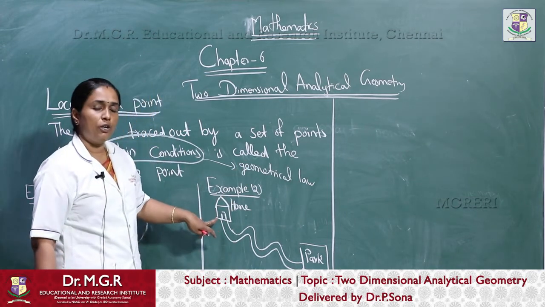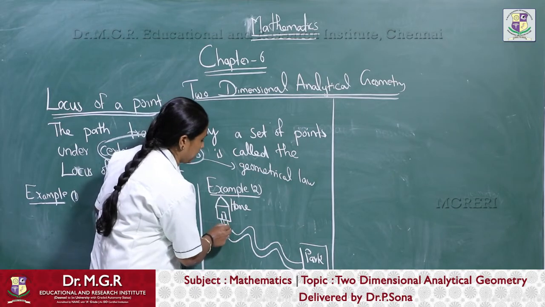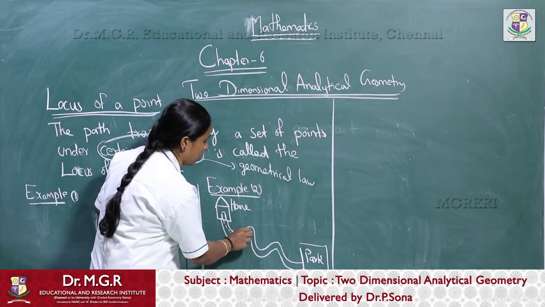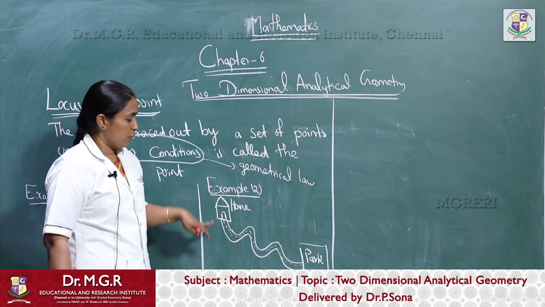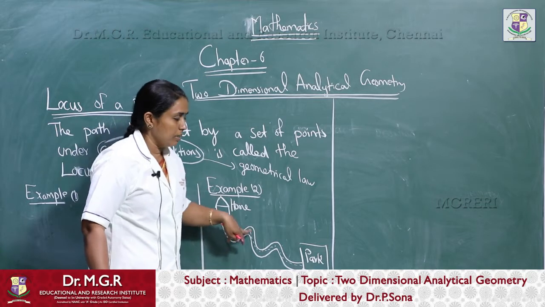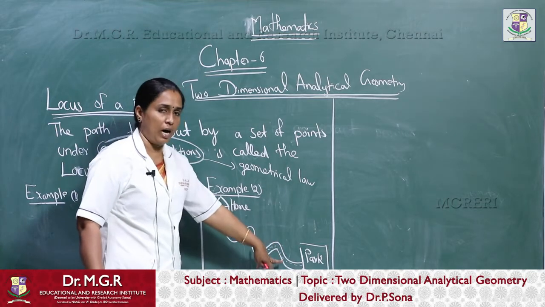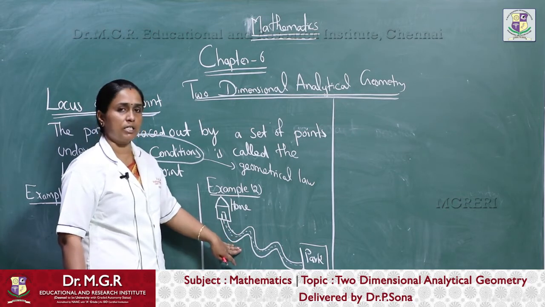You want to go to the park by this way. You can go by walking, by car, or by cycle, somehow like this. So you are getting points like this. Just connecting or joining these points, we get one path. This path is called the locus. This path represents the locus.